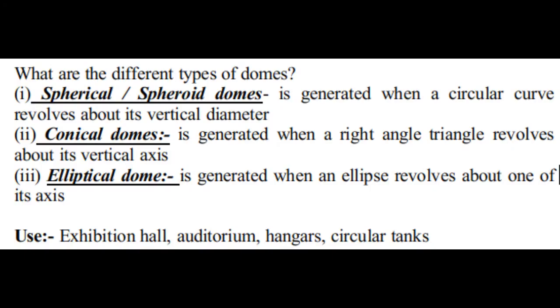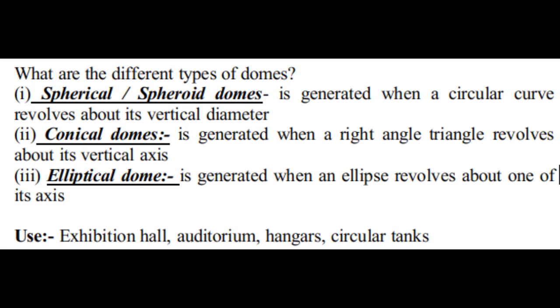Now let us see what different types of domes there are. There are three types of dome. Number one, spherical or spheroid dome. It is generated when a circular curve revolves about its vertical diameter. I have told you the basic definition: a dome is a thin shell generated by the revolution of a regular curve about one of its axis.